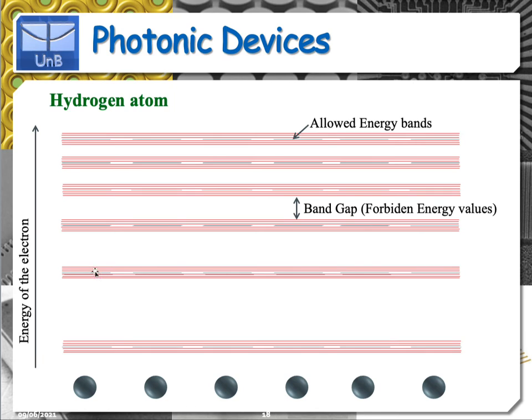Now, if you go further and consider a three-dimensional lattice with as many as 10 to the 23rd or 22nd atoms per cubic centimeter, you would see that this level splitting would lead to an enormous amount of levels originated from a single level. So you would have many.